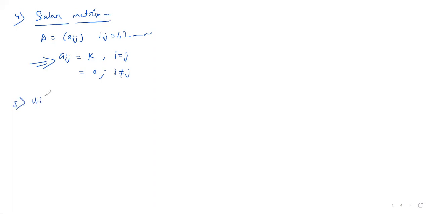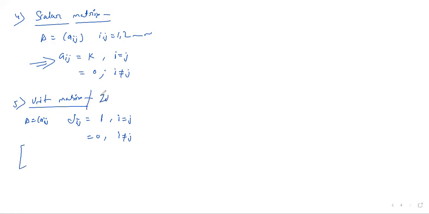Similarly, we have the unit matrix, where A equals aij is a matrix in which all the diagonal elements take the value 1, and all other elements, for i not equal to j, take the value 0. Then we say that this is my unit matrix, or identity matrix.